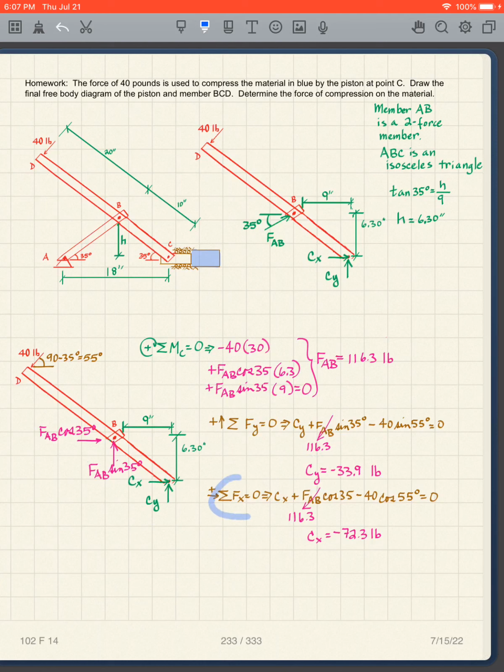I take the sum of the forces in the x direction equals 0, so again I have to take the x component of that one, and I put those into my x equation, and again I put the 116.3 there, and I get Cx is negative 72.3 pounds.